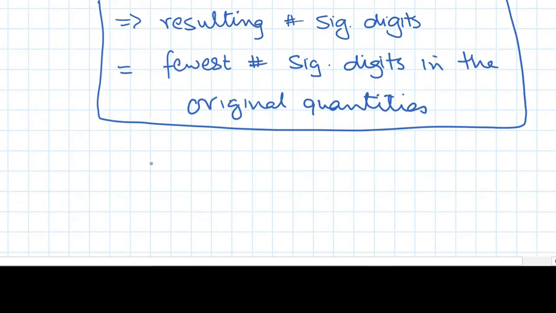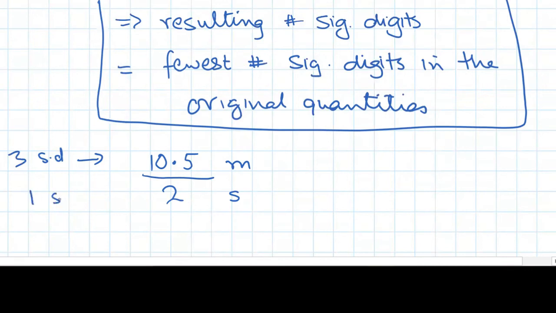If I'm calculating speed, and I have 10.5 meters over 2 seconds, there are 3 significant digits in the numerator and 1 in the denominator. Here we have 3, and here we have 1.